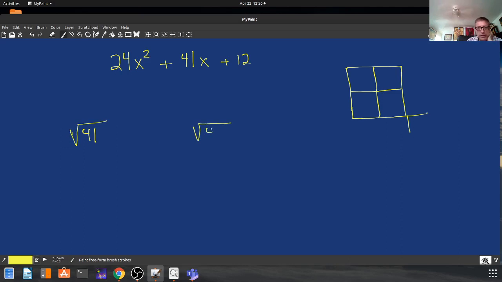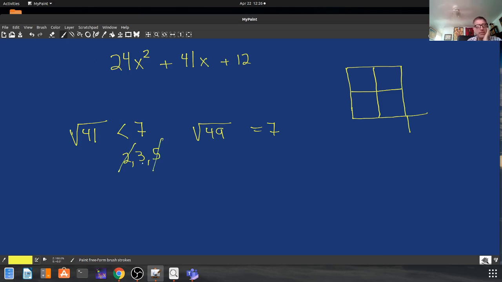The square root of 49, which is greater than 41, is equal to 7. So the square root of 41 is less than 7. So our primes less than 7 are just 2, 3, and 5. Clearly 41 is not divisible by 2. Clearly 41 is not divisible by 5.